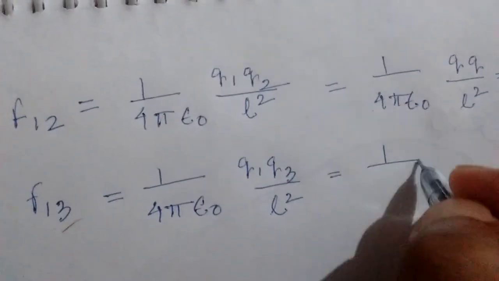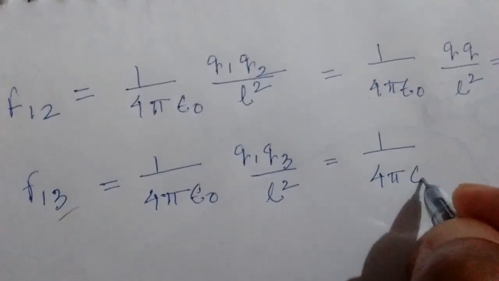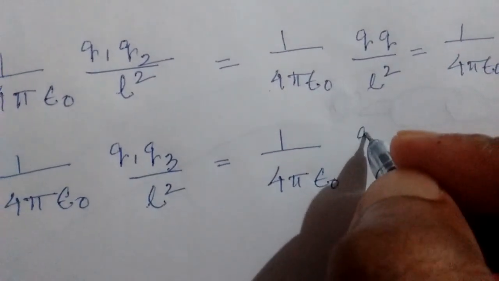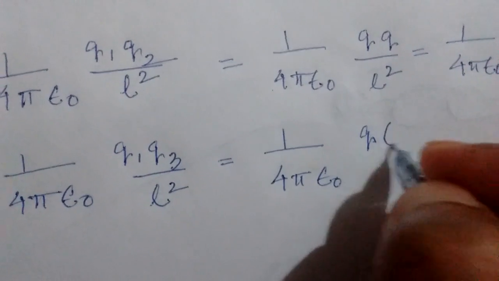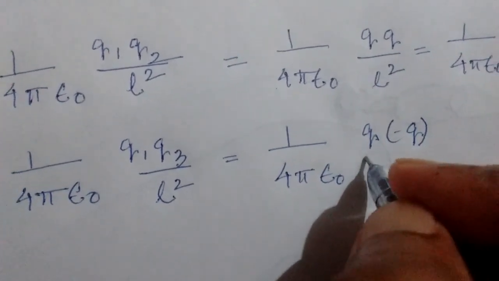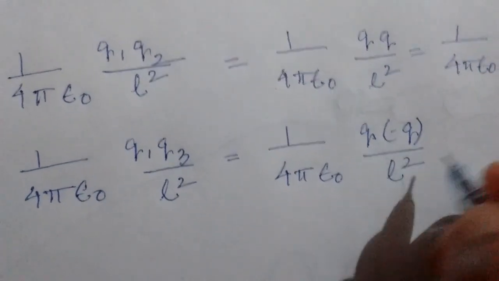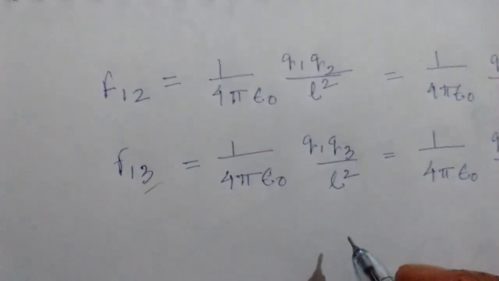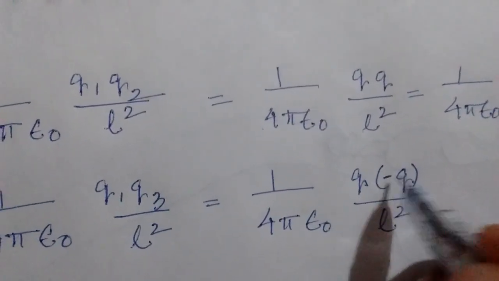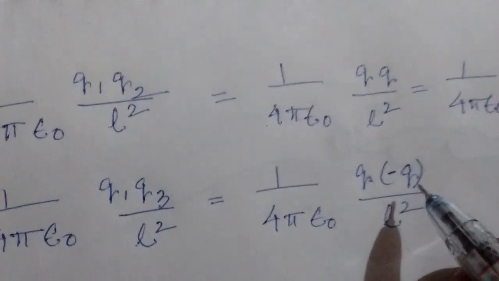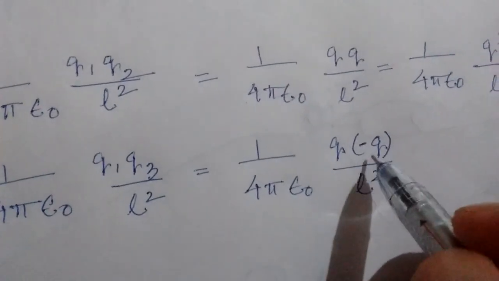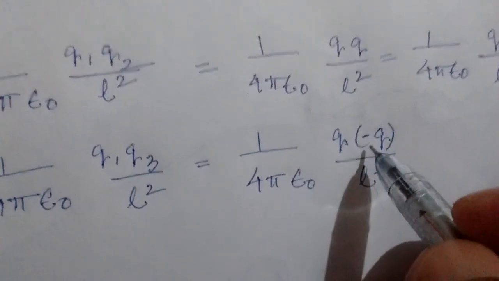This is equal to 1 by 4 pi epsilon naught, Q1 is Q, Q3 is minus Q, by L square. Now one thing you note, this minus is for the third charge, that is at C, but if you don't consider this minus sign, it is also okay.